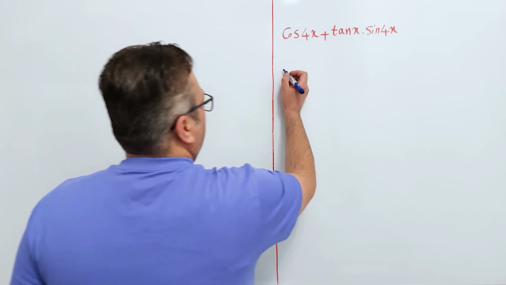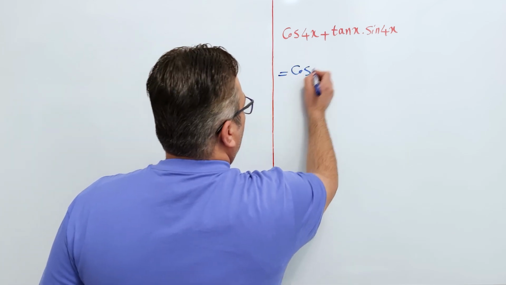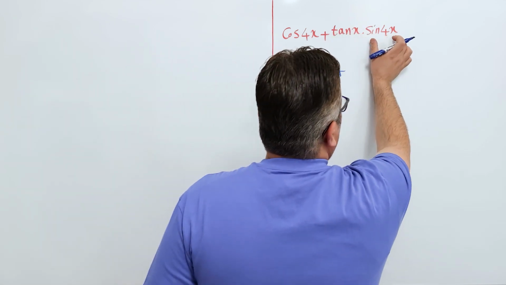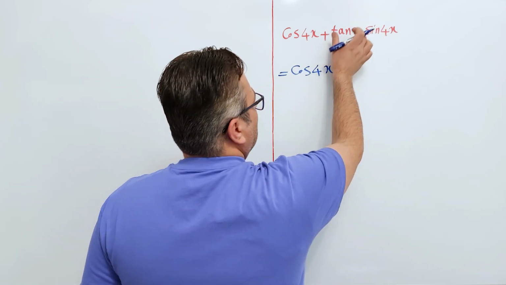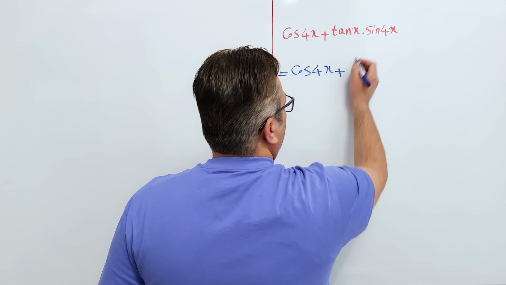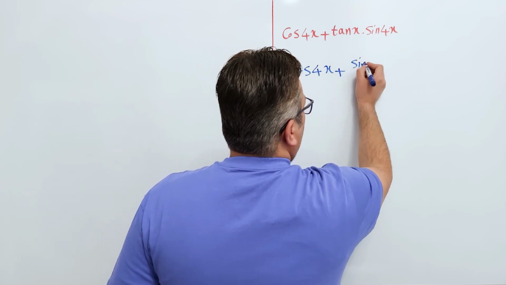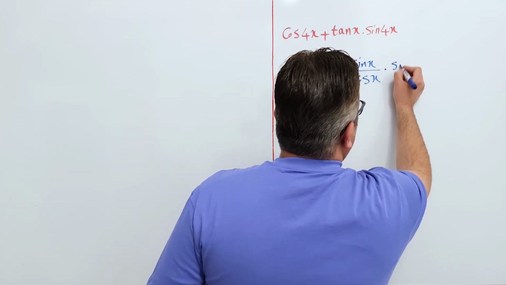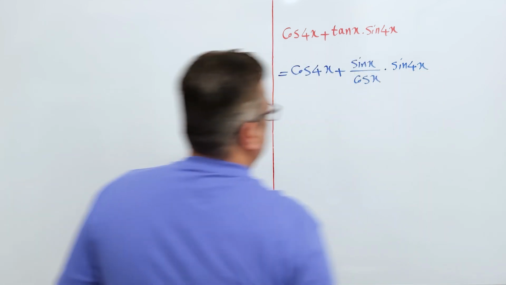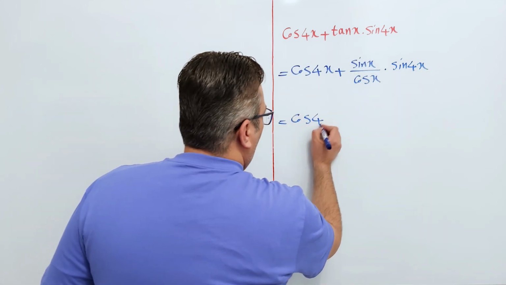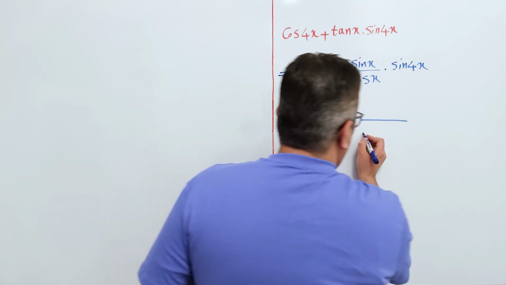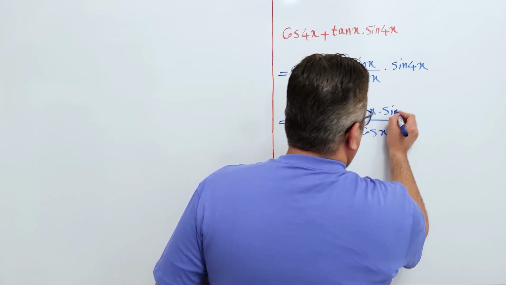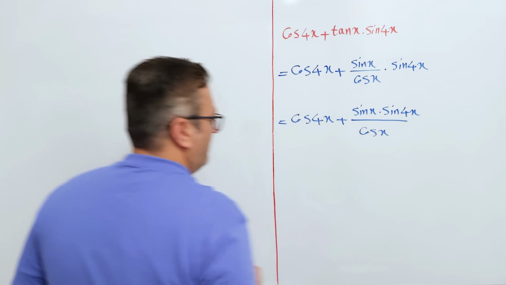Look at this expression: cosine of 4x plus tangent x times sine 4x. We expand the tangent x and write tangent x as sine x divided by cosine x, times sine 4x, or cosine 4x plus sine x over cosine x times sine 4x.